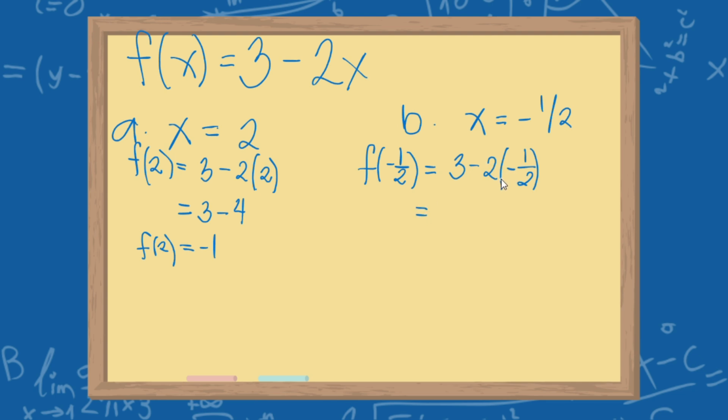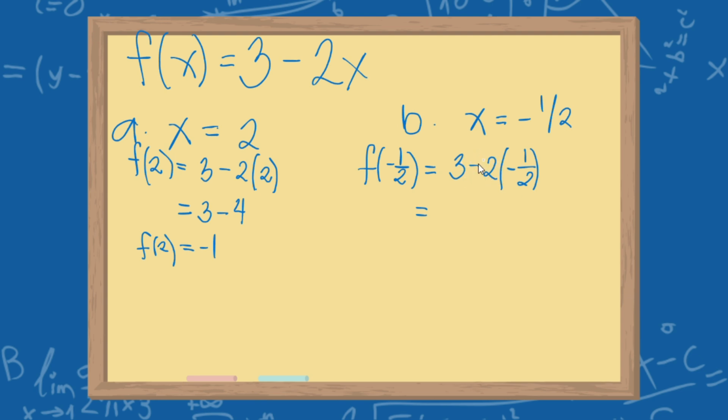Now, by simplifying, as you can see here, we have negative 2 times negative 1/2. So we can cancel. What you can do is you can multiply negative 2 times 1, which is negative 2, divided by negative 2, or simply cancel out the factors.